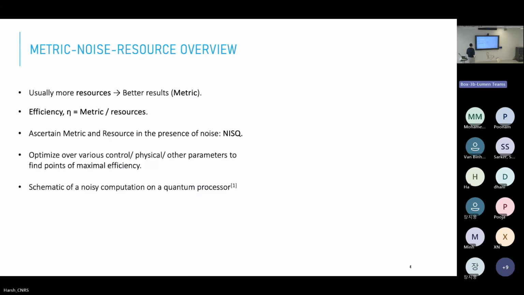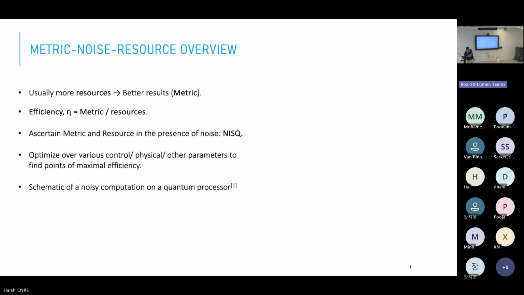Exactly. So what we want to do is, how do we optimize over various control parameters? These control parameters are knobs that you can control. It could be, for instance, the temperature that you keep the qubits at. It could be the size of the code or the size of the circuit that you want to run the calculation for, and so on.